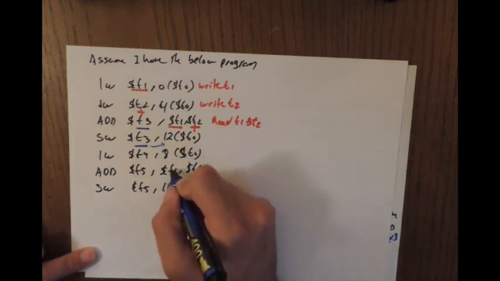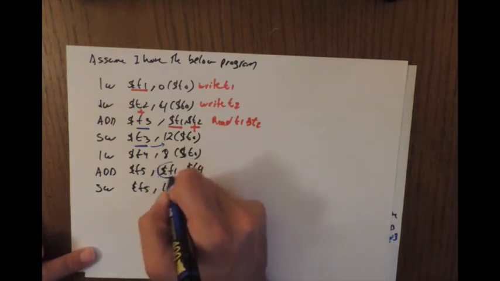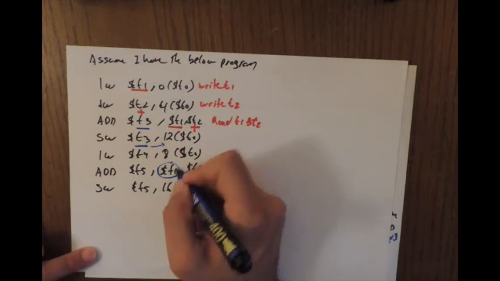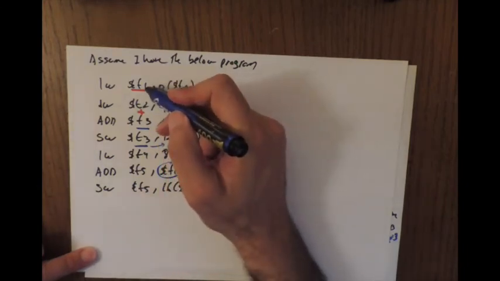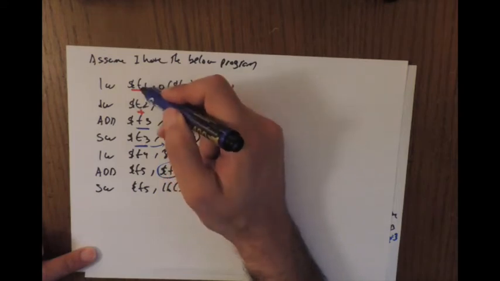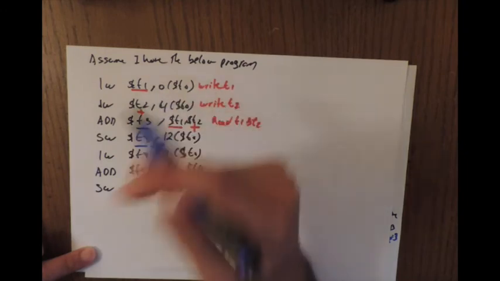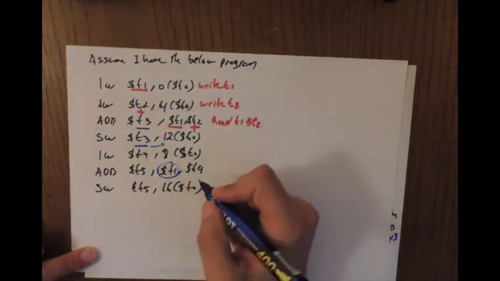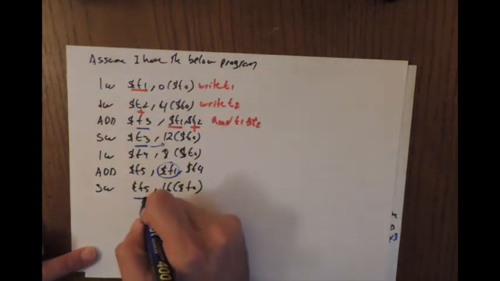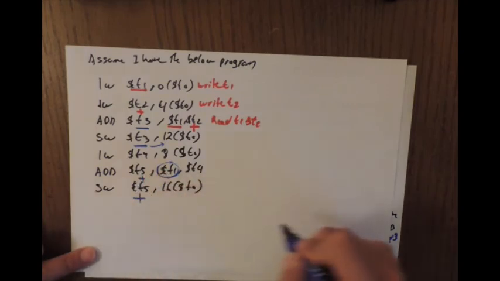For T4, there is nothing in the destination about T4, so there is no dependency here. I have T1. Okay, so this T1 also has a dependency, but does this dependency matter after so many instructions? We're gonna find out now. And now I have T5, which is another dependency.